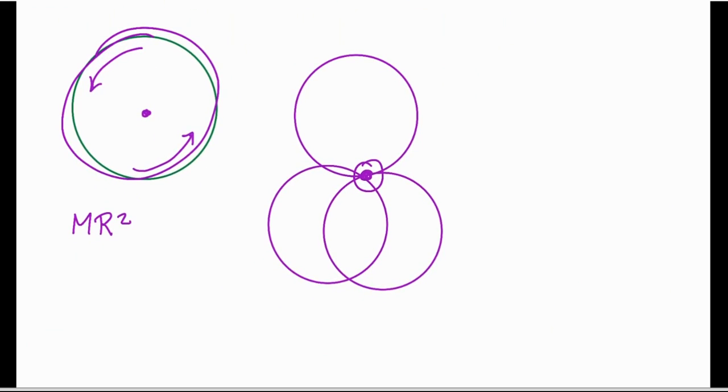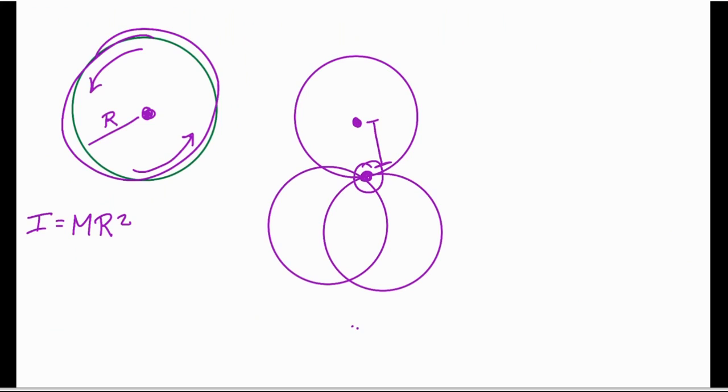And so, in fact, the way to figure it out, regardless of what shape it is, you are going to add mr squared to whatever the moment of inertia was before. So in this case, my radius is r, and this moment of inertia is just mr squared when I rotate around the middle. If I rotate around the edge of this circle, now I have this distance that I'm going to add to it.